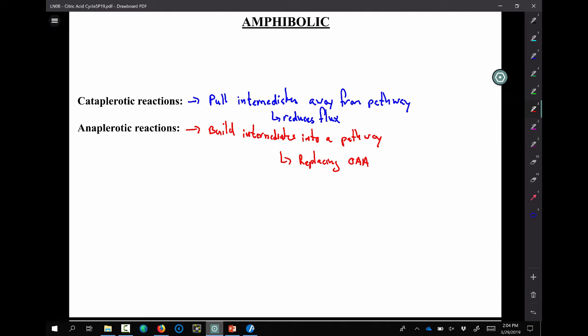I said that the production of citrate from acetyl-CoA was one of the options. The other options would be the production of alpha-ketoglutarate from glutamate, and the activation of pyruvate carboxylase, or some combination of those. The last 2 are actually going to lead to net synthesis of oxaloacetate and are what would be considered anaplerotic reactions.